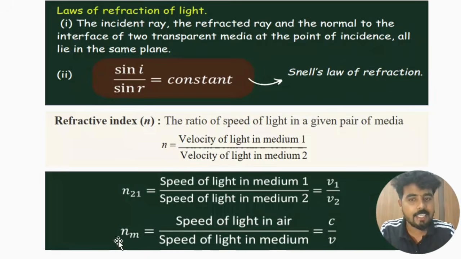So we can write it as n = c/v. Here c represents the speed of the light in air or vacuum. The speed of the light in medium is represented by v. Again, I will say that this formula as well as this formula are more and more important. We can expect these questions in your board exams.